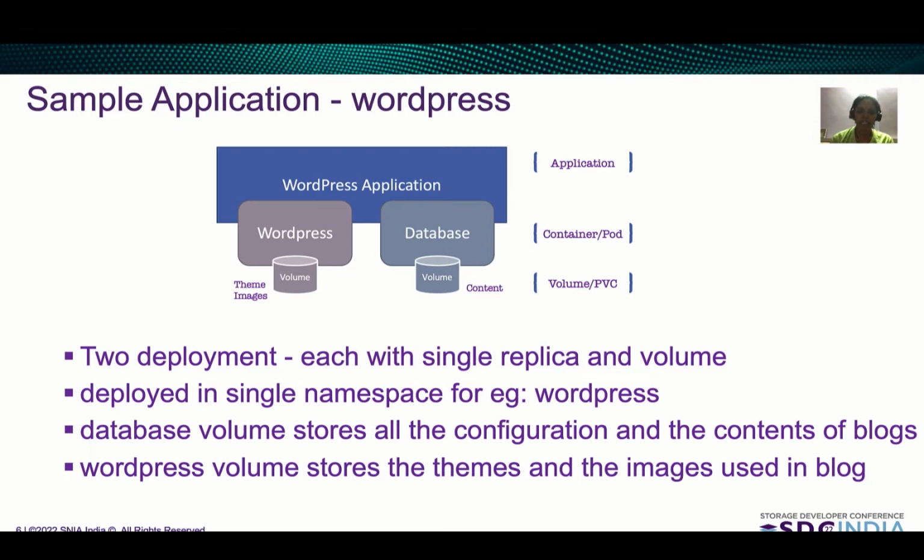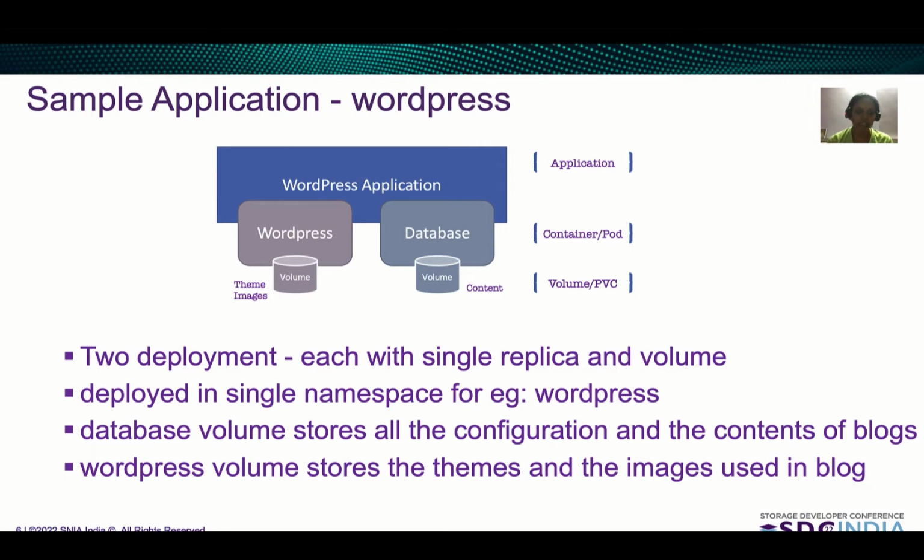So to maintain the images and themes, WordPress has its volumes, and those volumes are provisioned by the CSI. Maybe it is integrated with any other container storage, for example, OCP supports ODF, and there are many such other storage providers.